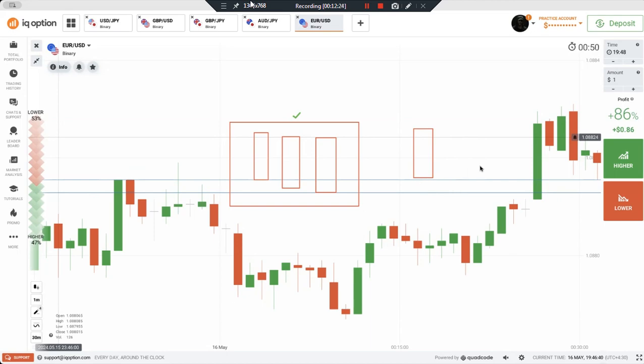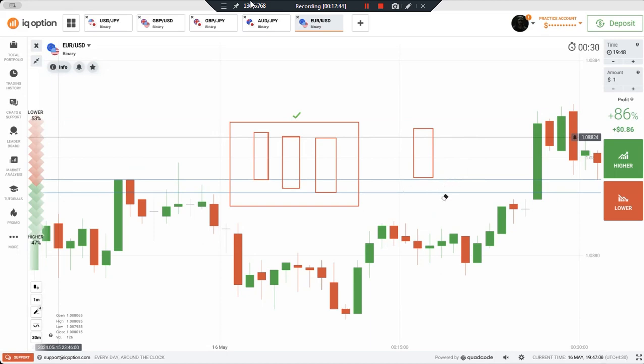Why? Because there is still a very, very small gap. So the market can make a candle like this and then start to reverse. So if you place your trade after that candle, after this big candle here, which still has some gap, you may lose and face a red candle.